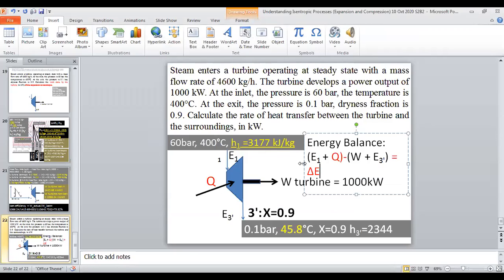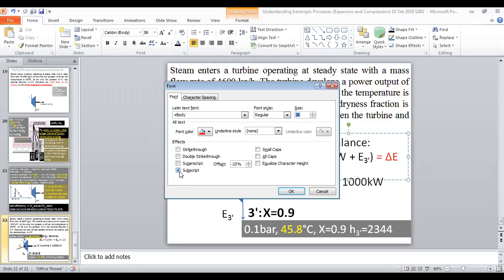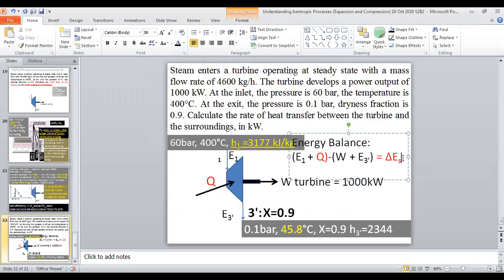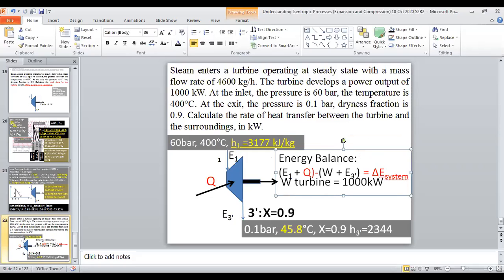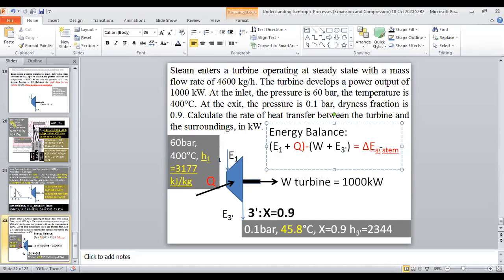Let's say delta E. What is this? Delta E within the turbine, we will call this delta E system, the system energy increase.